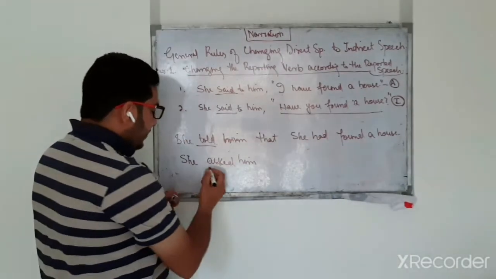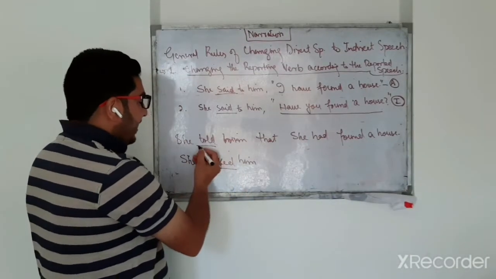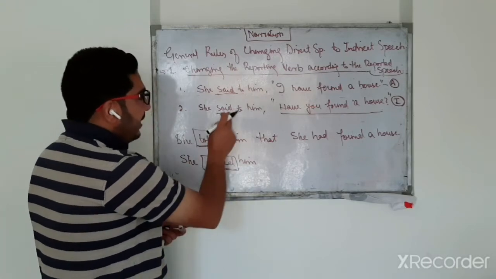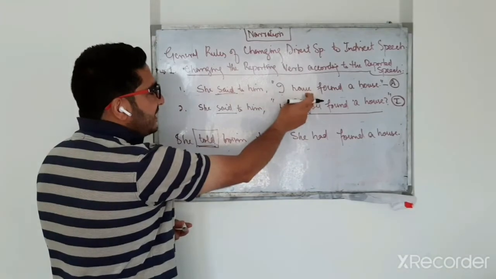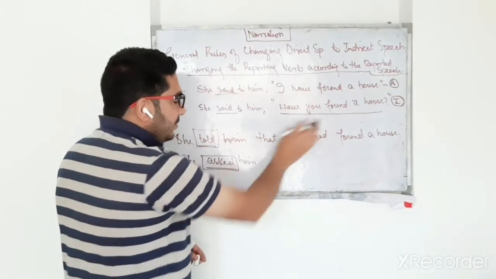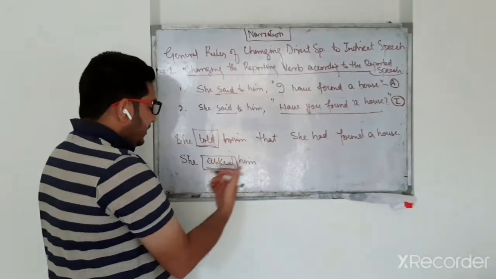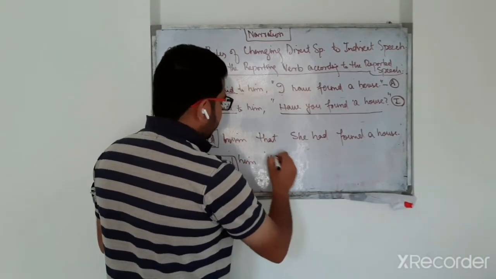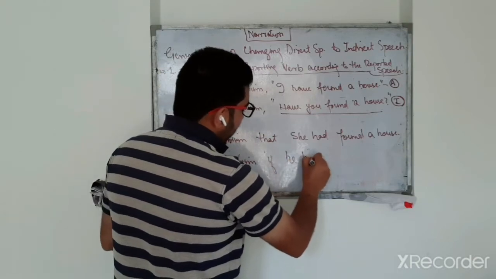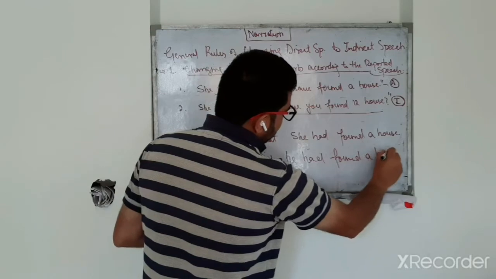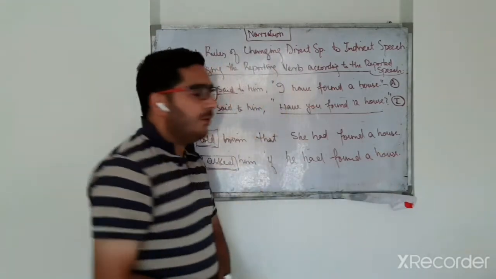That is why we wrote she asked. Here we wrote she told, because this one is a statement, and here we wrote she asked, because this one is a question. So it will become, she asked him if he had found a house.